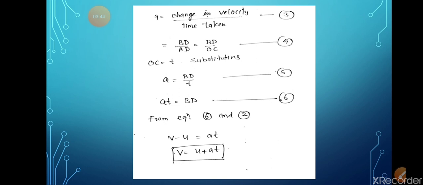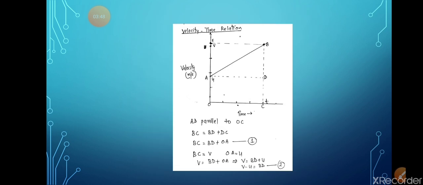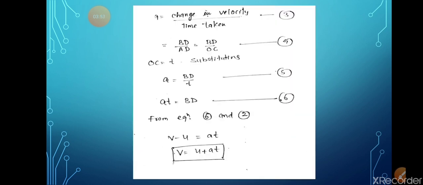Cross multiplied, you get BD equals at. So we have BD equals at as well as BD equals v minus u. Equate these two and we get v minus u equals at, that is, v equals u plus at.